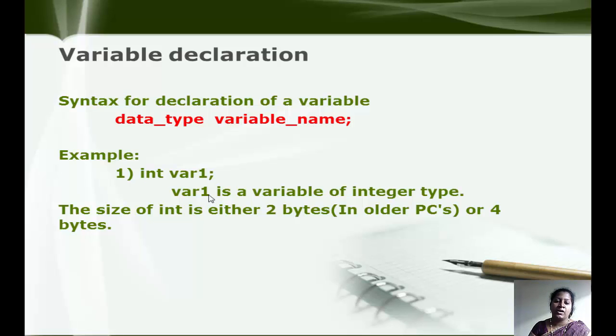When you talk about the size of this variable, generally we say that the size of an integer variable is 2 bytes, but this size will always depend on the system. So we start with an assumption that the size of an integer variable is 2 bytes.